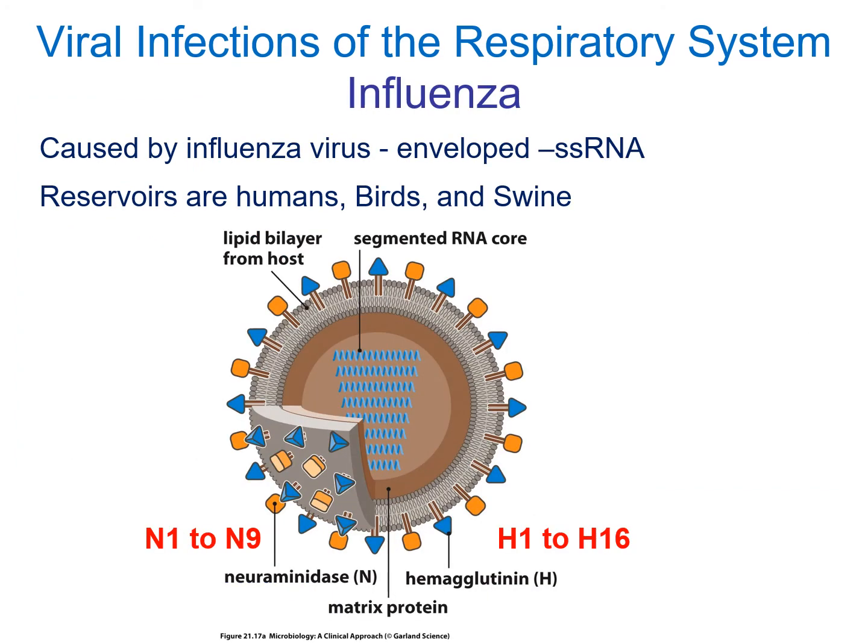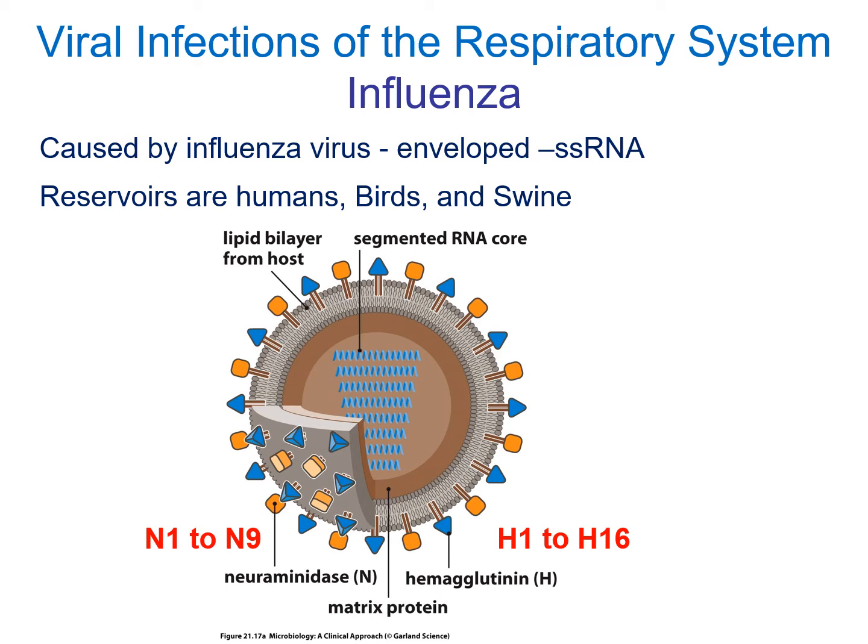Like the coronaviruses, the influenza virus is also enveloped. So it has an envelope made of lipid, and this is a bilipid layer that it stole from a cell as it left the cell by budding. In the influenza viruses, we have proteins embedded within that membrane that allow the virus to enter a cell and proteins that allow the virus to leave a cell.